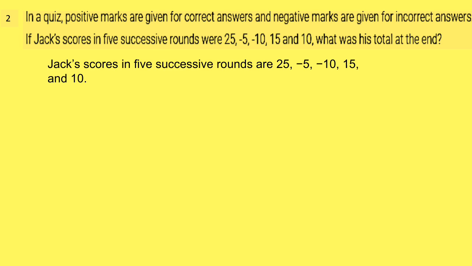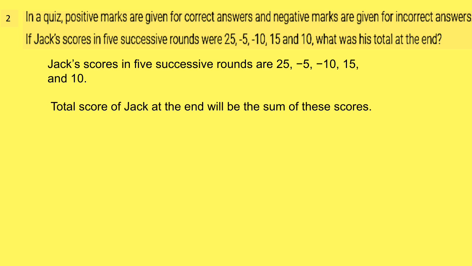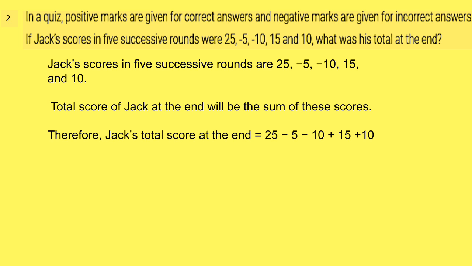So Jack's scores in 5 successive rounds are, I have written all the scores like this. In the next line I will write with the symbol: 25, minus 5, minus 10, plus 15, plus 10.